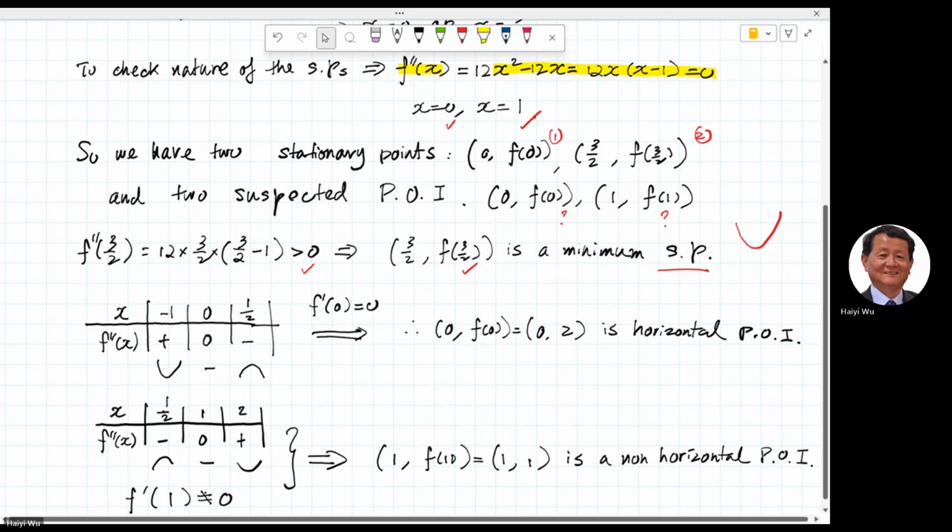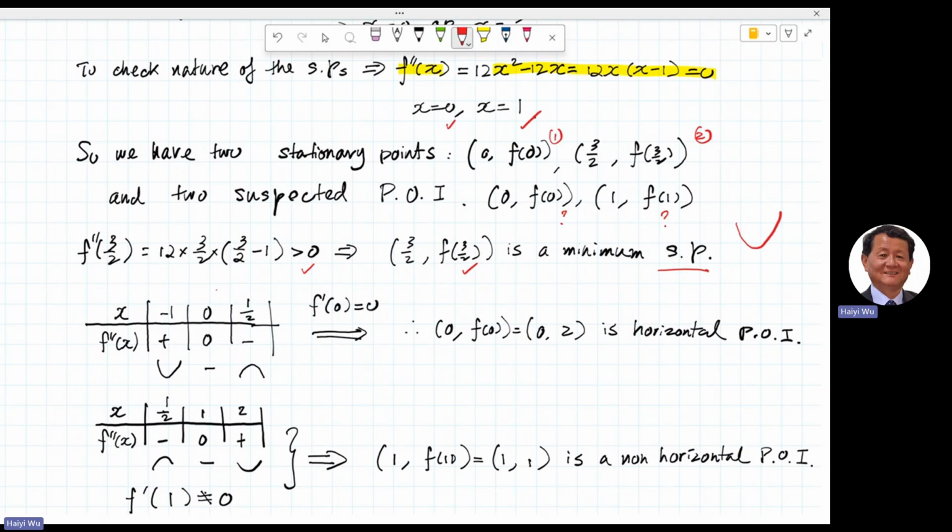How do we understand whether it's concave up or concave down? Concavity on the left and right hand side determines whether it's a POI or not. So we draw a table. We put the first suspect point, x = 0, and we put -1 on the left hand side. We don't put 1 on the right hand side, because x = 1 is another point where the double derivative equals 0.